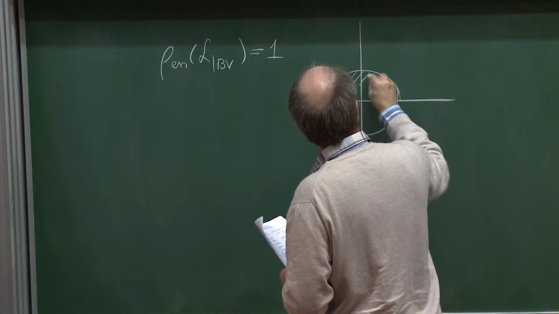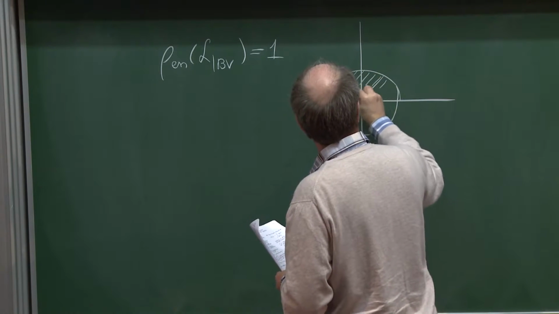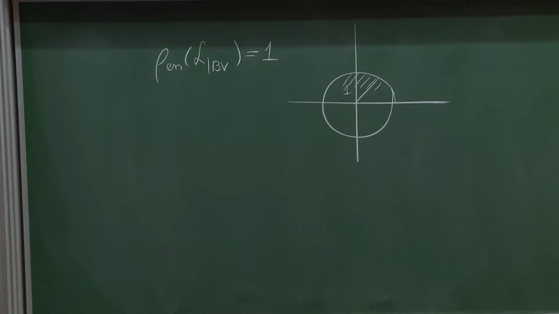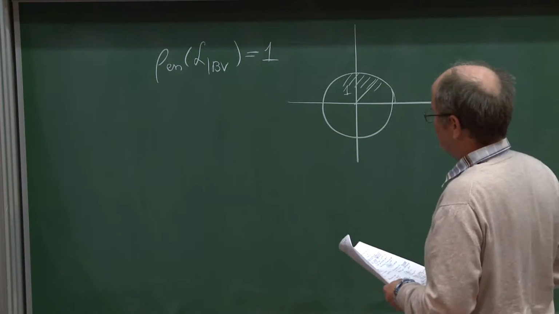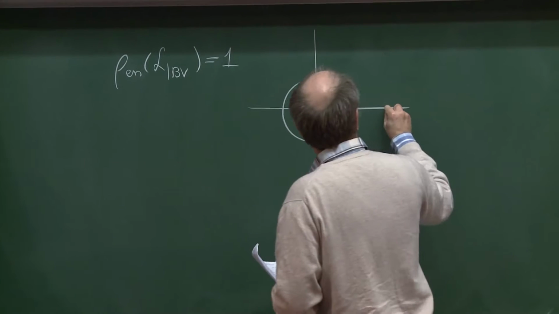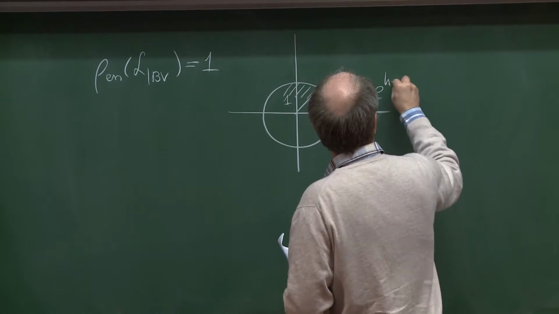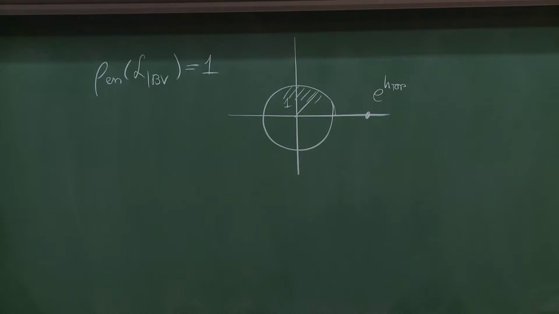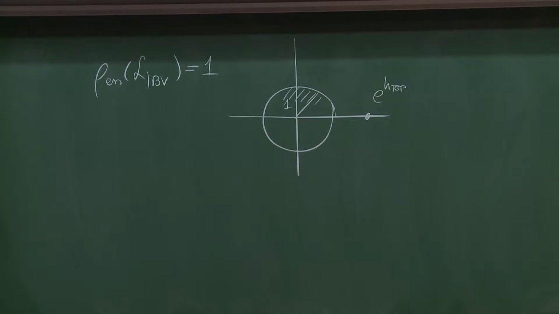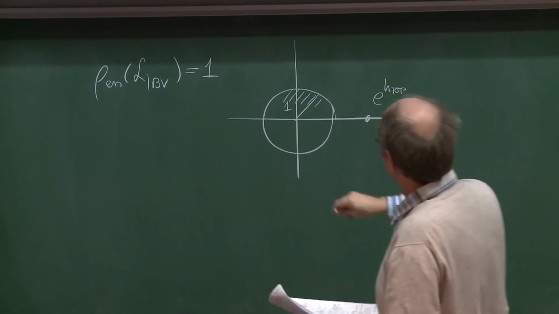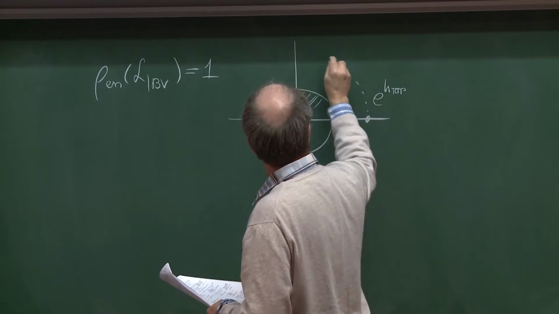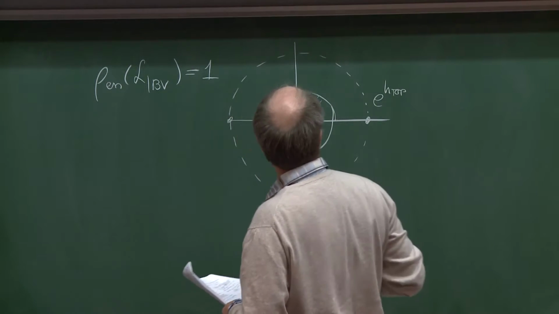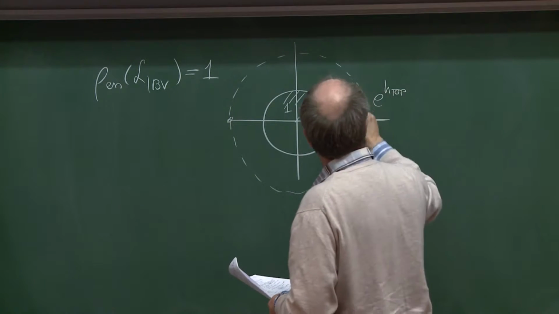We have a disk of radius 1, which in general will be the essential spectrum of the operator. Then we have exponential of h top here, and that will be a largest eigenvalue. As in the other case, there might actually be other eigenvalues on the same radius. You might also have some eigenvalues sitting inside.